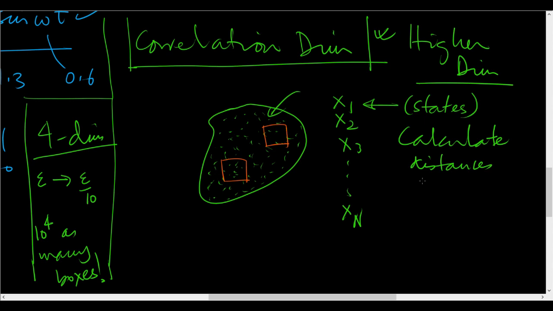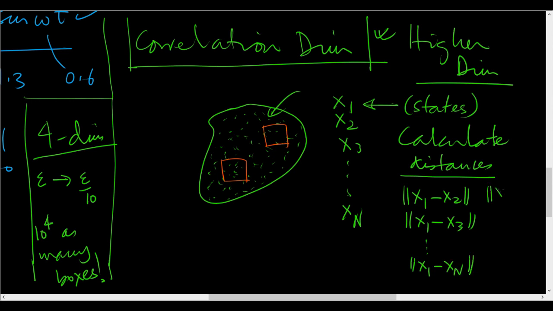We will calculate x1 minus x2, x1 minus x3, all the way to x1 minus xn, and then we will calculate x2 minus x3, x2 minus x4, and then x3 minus x4, and so on.